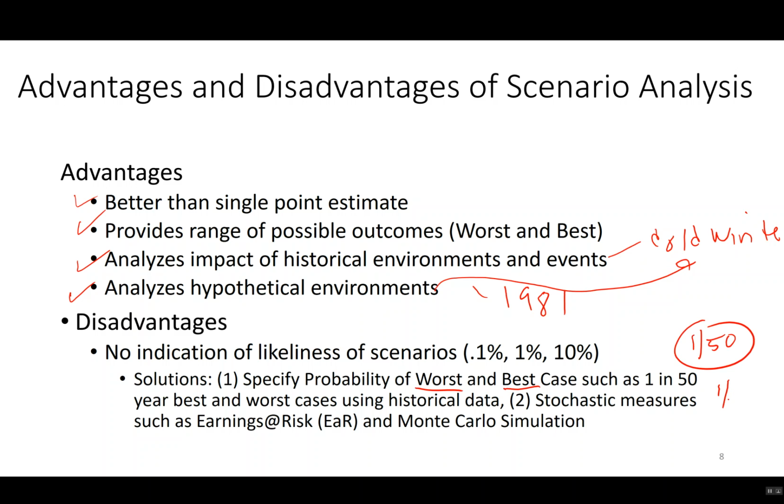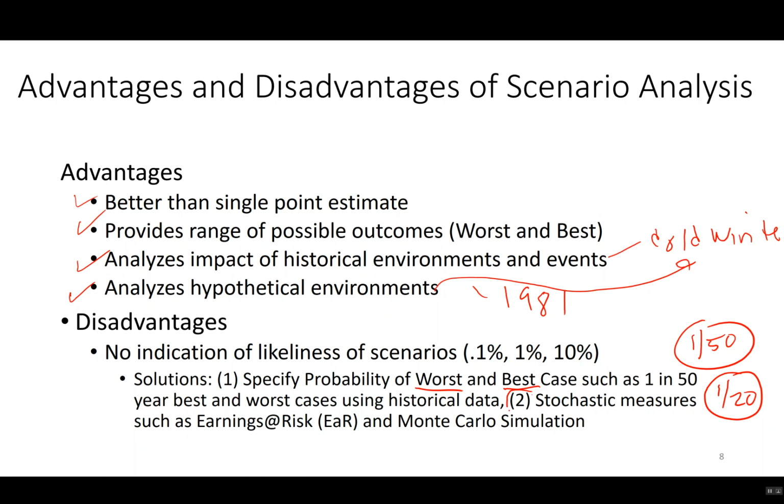Or maybe it's only a 1 in 20 year. So it's probably good practice to specify that it's a 1 in 50 year best case and a 1 in 50 year worst case, right? Because a 1 in 100 year worst case is going to be a lot worse than a 1 in 10 year. So that'd be a nice thing to add to this model. It's called a 1 in 50 year, or the 50 year worst case, or the 50 year best case.